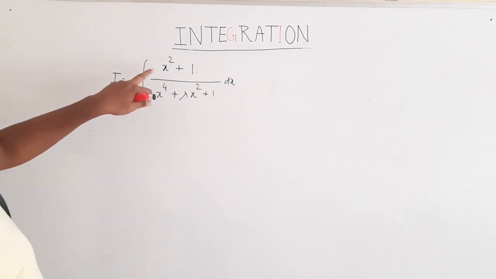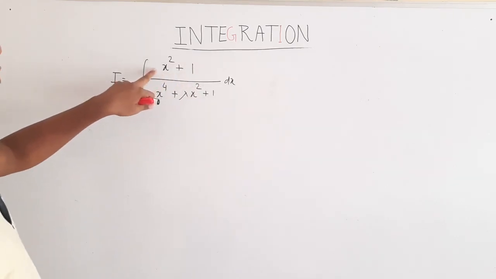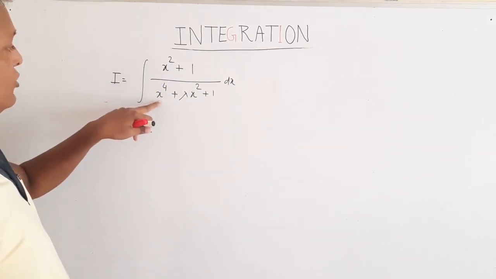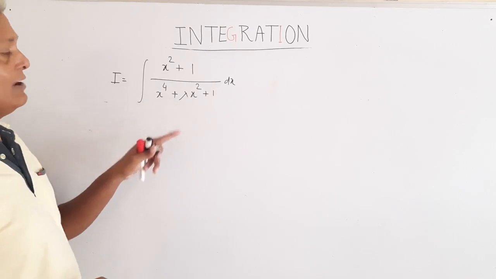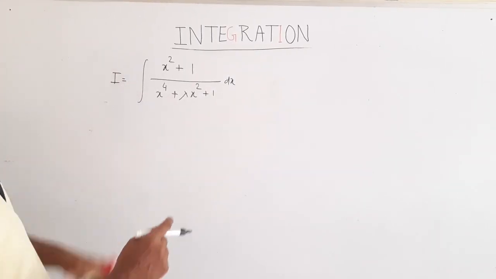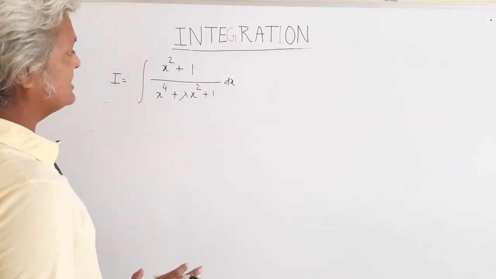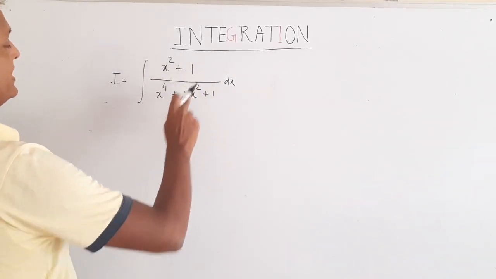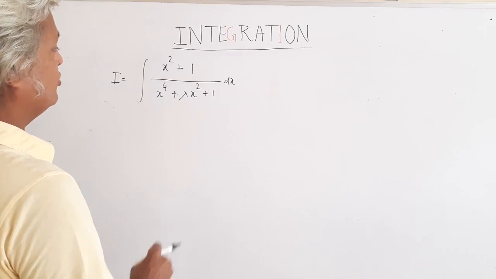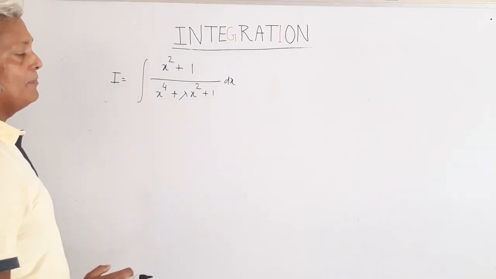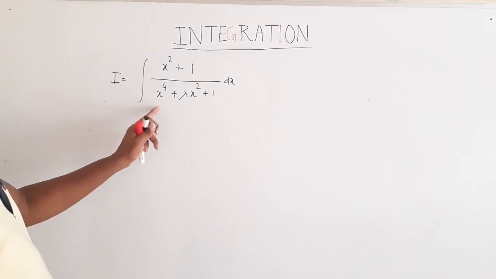Now this expression you can call a quadratic expression, and below that in the denominator you have a biquadratic expression. Or in other terms, if you treat these as rational expressions, the numerator is a polynomial of degree 2 and the denominator is a polynomial of degree 4.